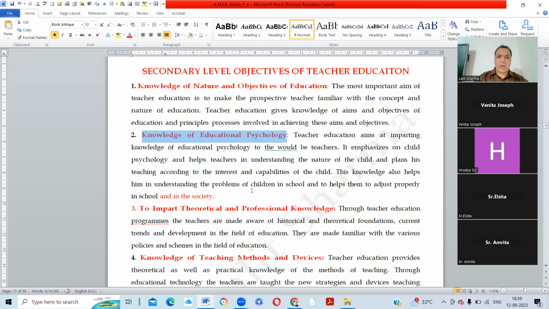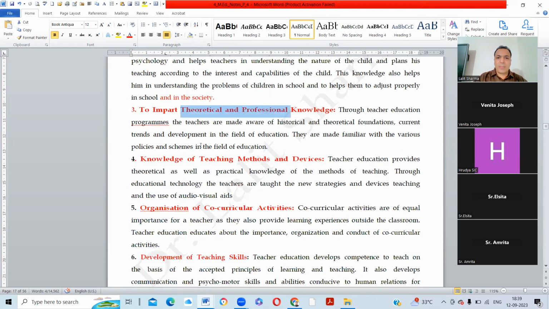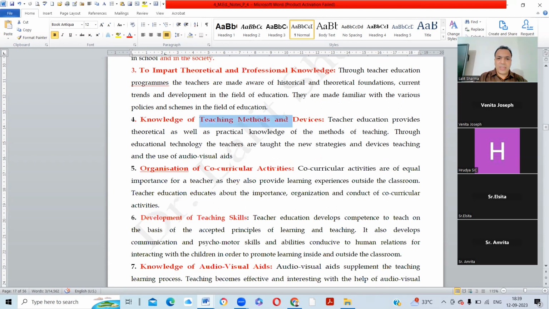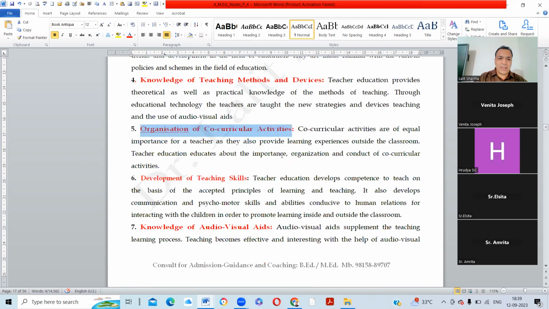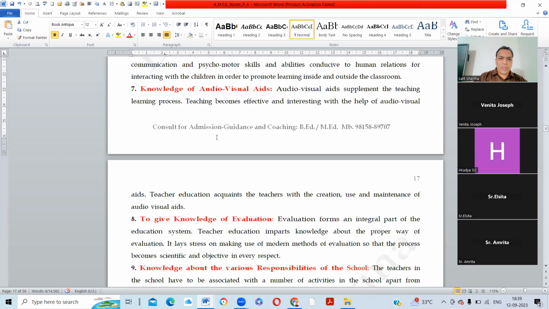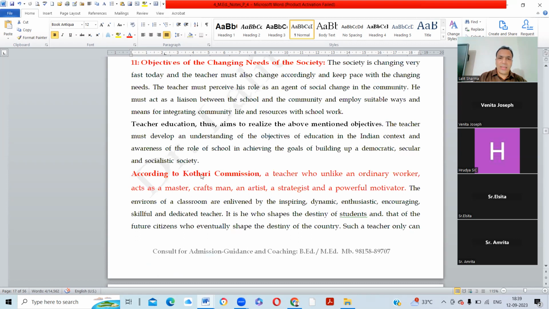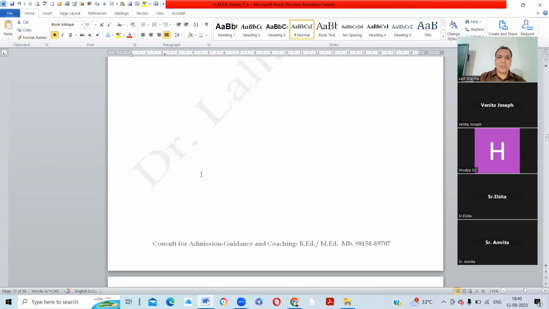We should know about educational psychology, only then we can teach effectively to the students. To impart theoretical and professional knowledge, knowledge of teaching methods and devices, organization of co-curricular activities, development of teaching skills, right? So ये सारे के सारे points हैं. Okay, these are the objectives of teacher education at the secondary level.